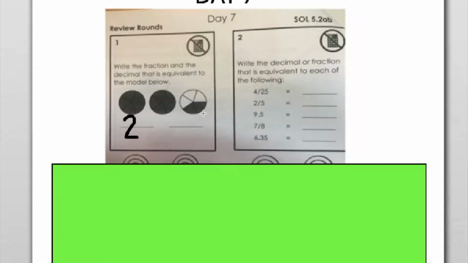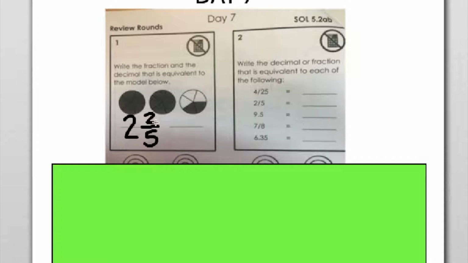Again, how many pieces is this circle broken into? You're right, 5 pieces, or fifths, which means our denominator is 5. And out of all the fifths here, how many are shaded in? Yep, there are 2 fifths shaded in.